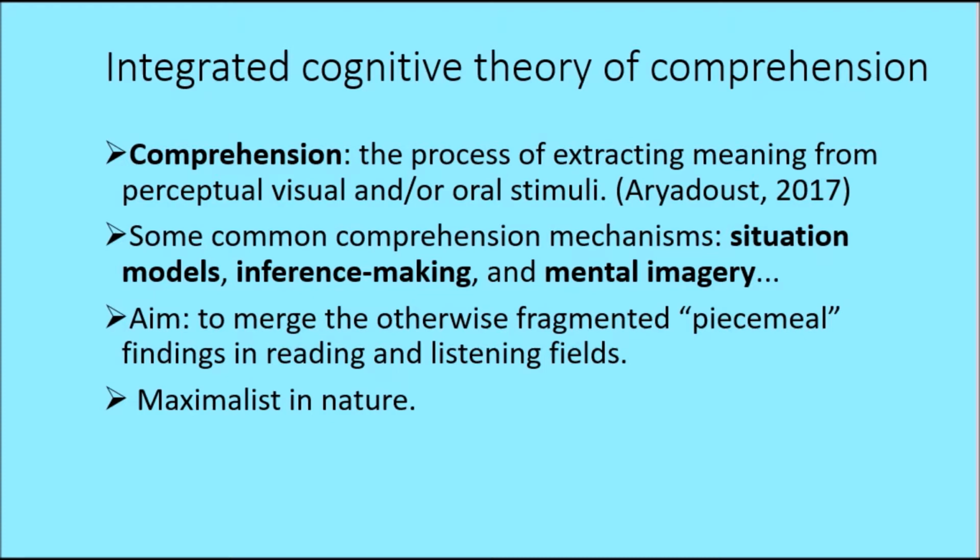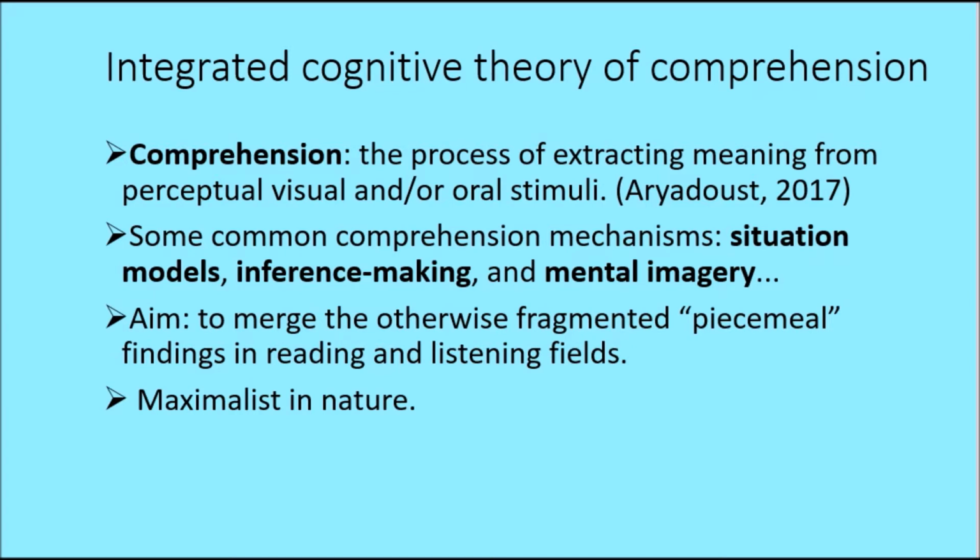Now let me give you some preliminary ideas and some vocabulary that we will need to know before we get started. As I mentioned before, comprehension, generally speaking, regardless of whether it's reading or listening, can be defined as the process of extracting meaning from perceptual, visual, and or oral stimuli.